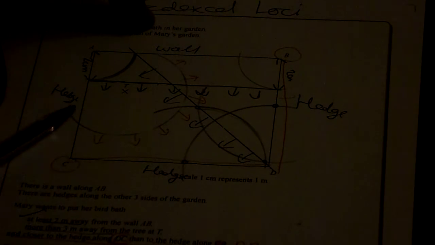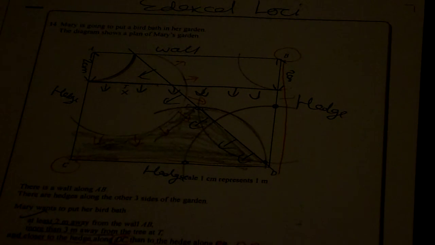So we need to be below this line, we need to be outside this arc, and we need to be below that. So which part satisfies all of those conditions? So that satisfies all those conditions.